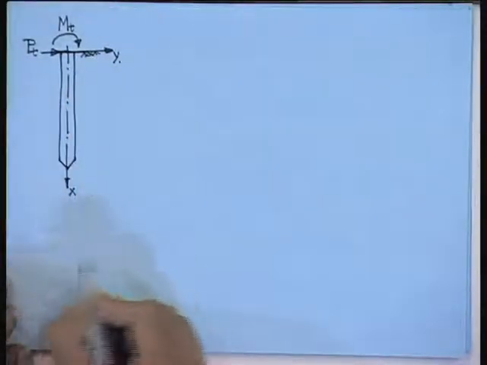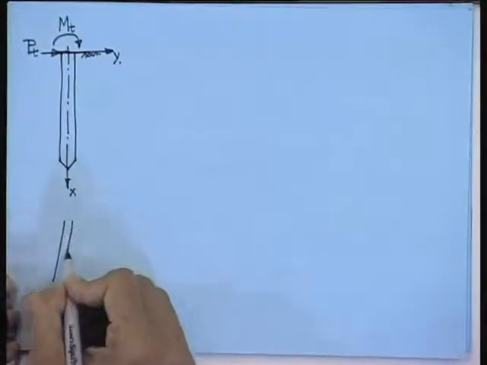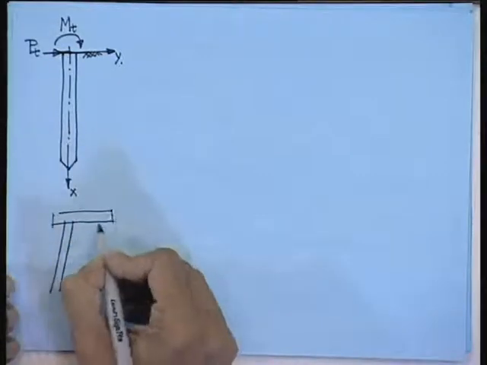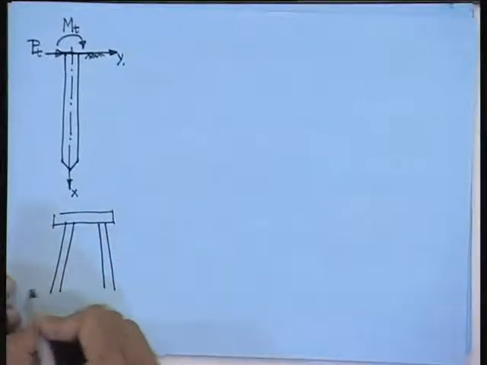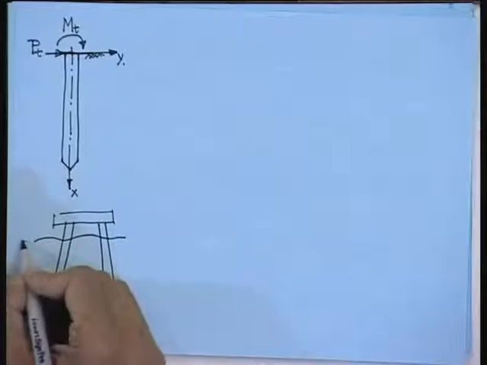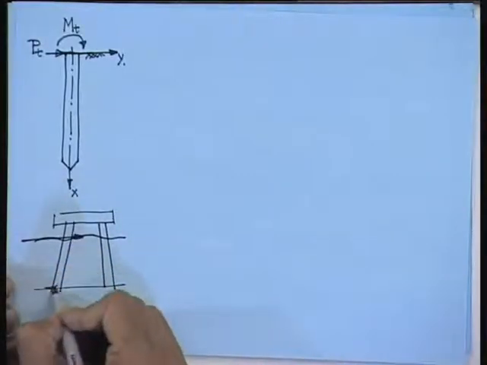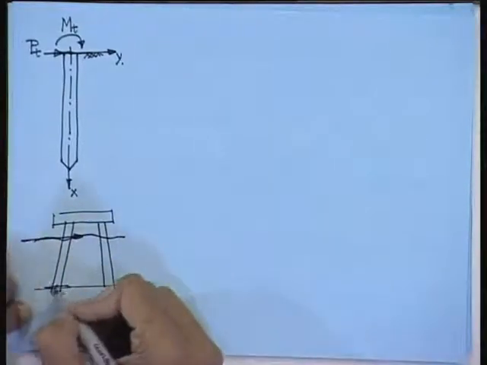Now, I have told you, your jacket column is coming like this. Okay. Now, this is your seabed and this is your wave. So, you transfer this force to here. You find an equivalent force and moment.